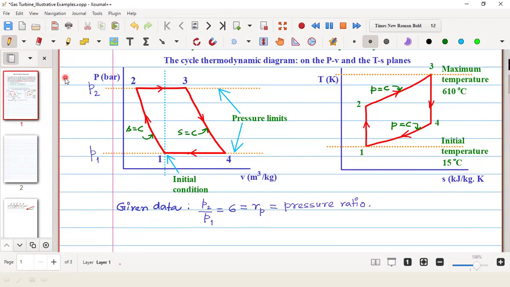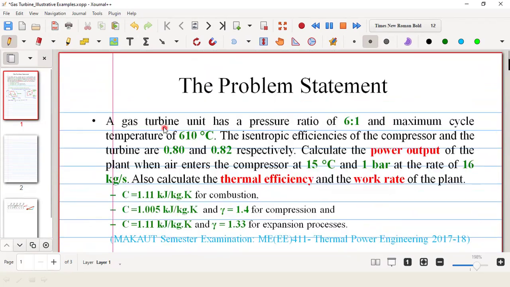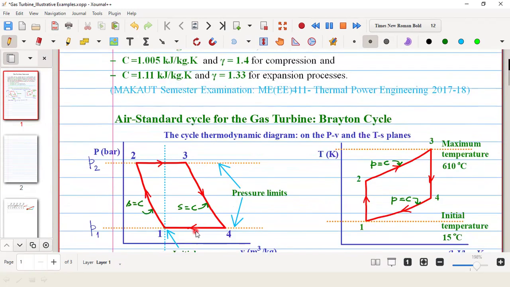Another thing given here is that the maximum cycle temperature is 610 degrees centigrade. We have to understand clearly where it is reached. Point 1 is the inlet to the compressor, the initial condition in a gas turbine. From 1 to 2, due to compression, work is transferred to the gas, so the temperature increases.